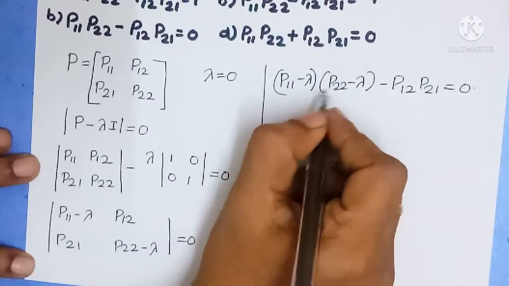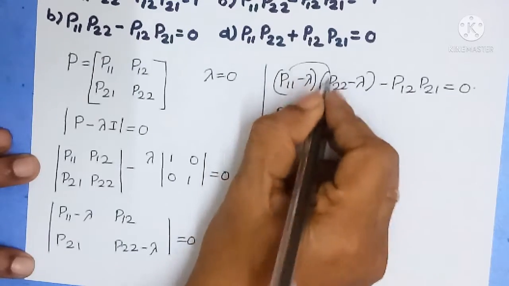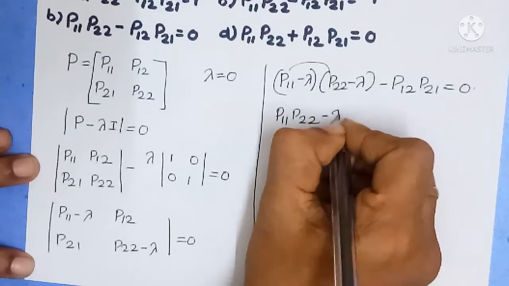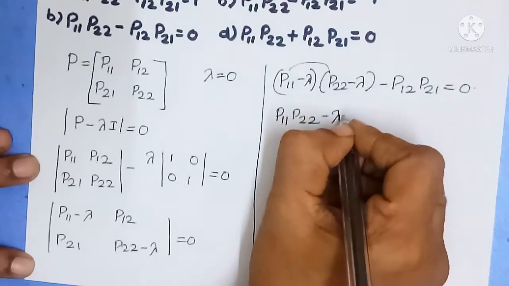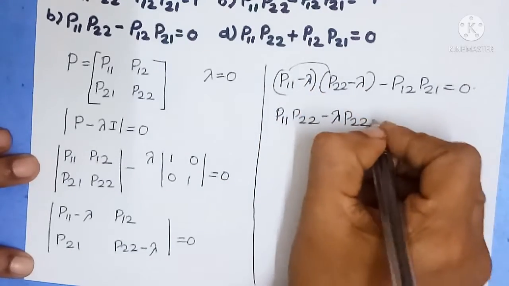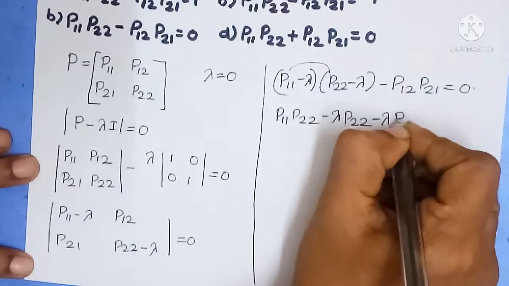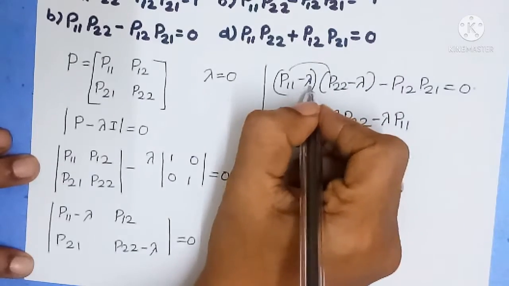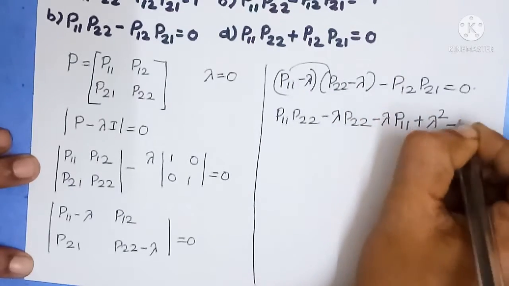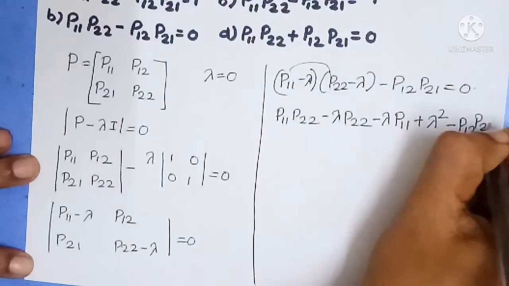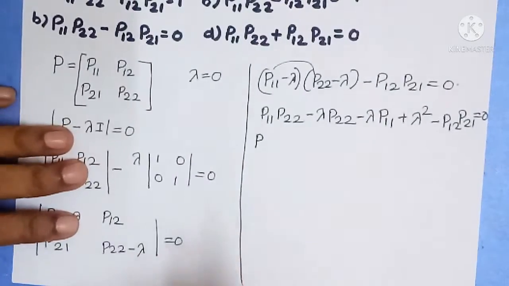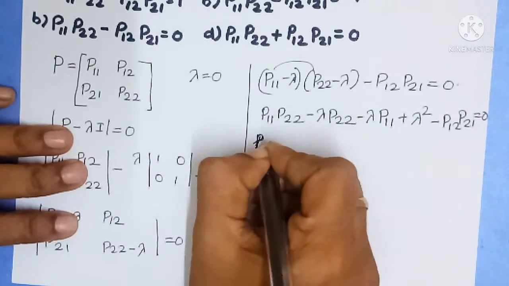We can multiply P11 into P22. Next minus lambda into P22. Then P11 into minus lambda, so minus lambda into P11. Then minus into minus plus lambda square minus P12 P21 equal to 0. Also in the question they are given that one of the eigenvalues should be equal to 0.